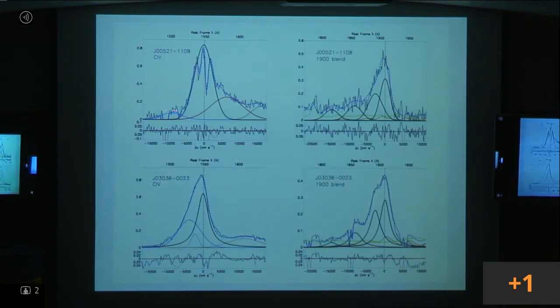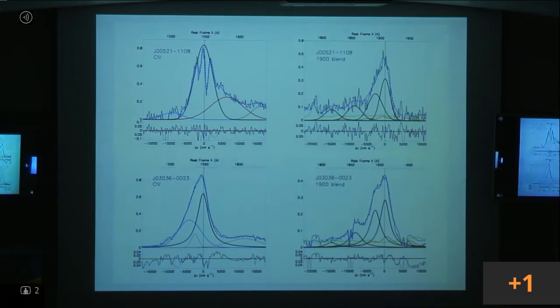I would like to emphasize that while this one has a blue shifted component, in this profile we see that the profile has a red wing, and it could be fitted with a very broad redshifted component that could be interpreted as gas that is going to the black hole, an inflow to the black hole.